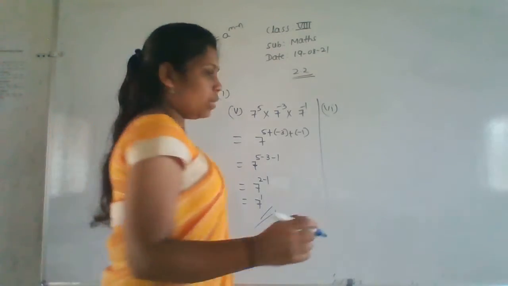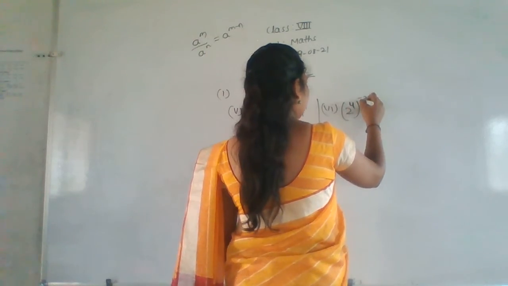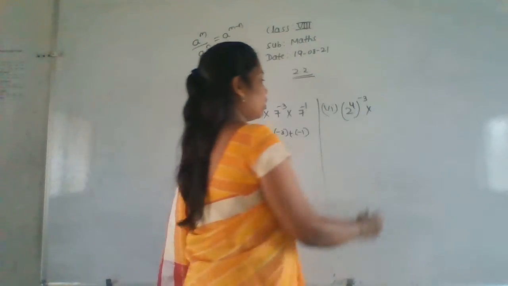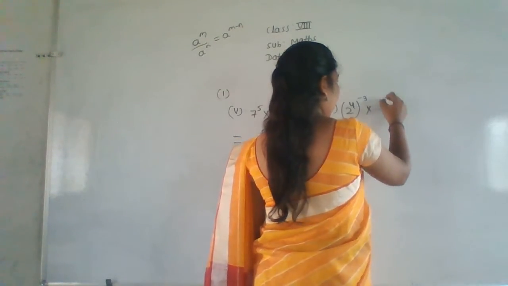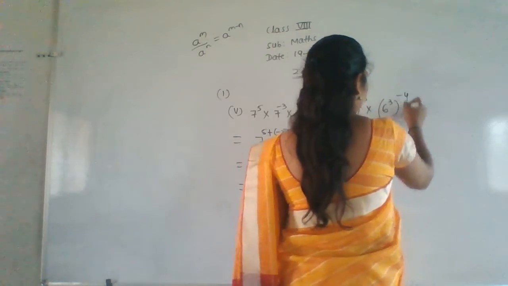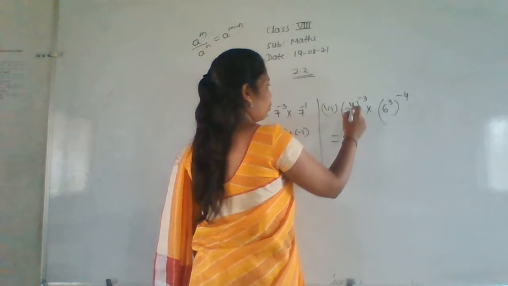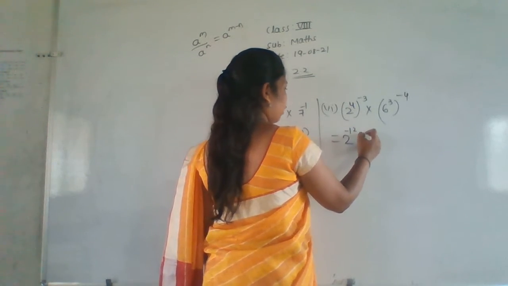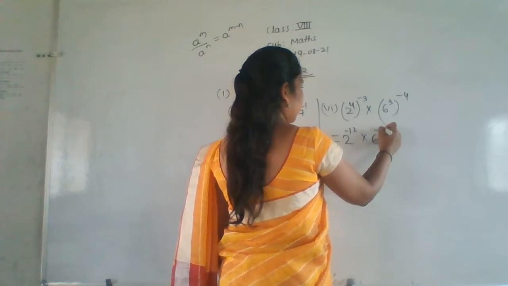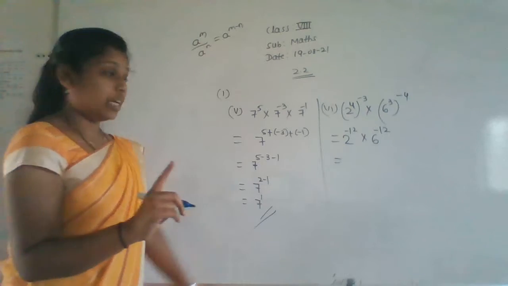Sixth one is 2 to the power 4 whole to the power minus 3 into 6 to the power 3 whole to the power minus 4. Now multiply here. 2 to the power 4 into minus 3 is minus 12, and here also 6 to the power minus 12. Whenever the power is the same, the bases are combined.